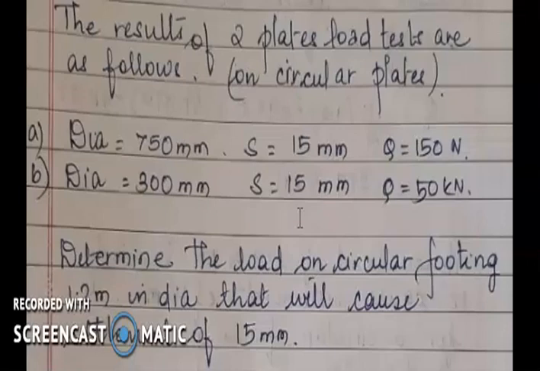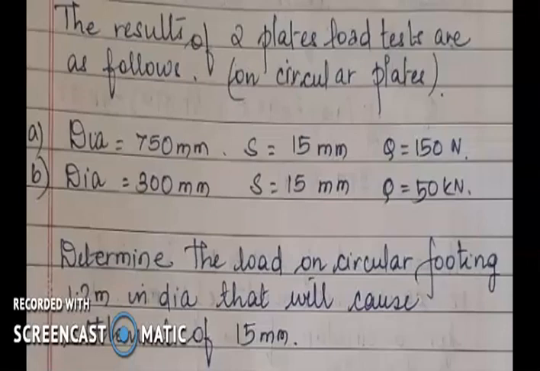But over here, in the first plate the load is calculated for the same settlement, the second plate also, and you are asked to relate this data to a footing of 1.2 meter diameter for the same settlement.